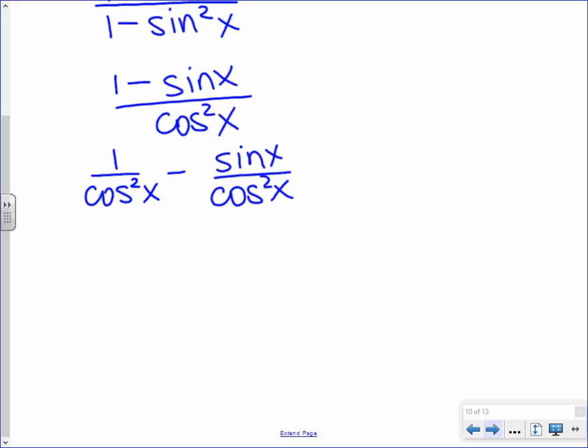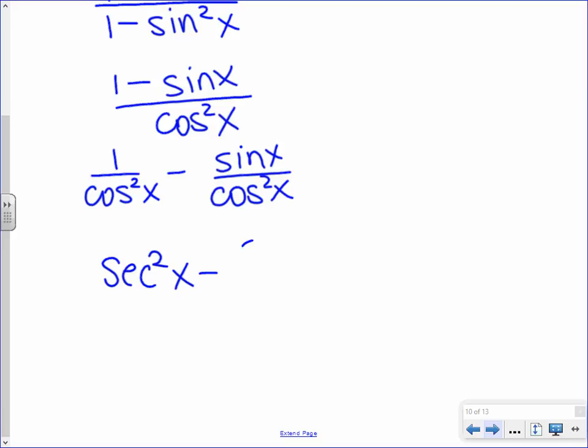So 1 over cosine squared, can we write that as something different? Okay, 1 over cosine is the same as secant, so 1 over cosine squared would be the same thing as secant squared. Now this fraction here is a little bit more complicated. Sine over cosine squared has an extra function in the denominator.